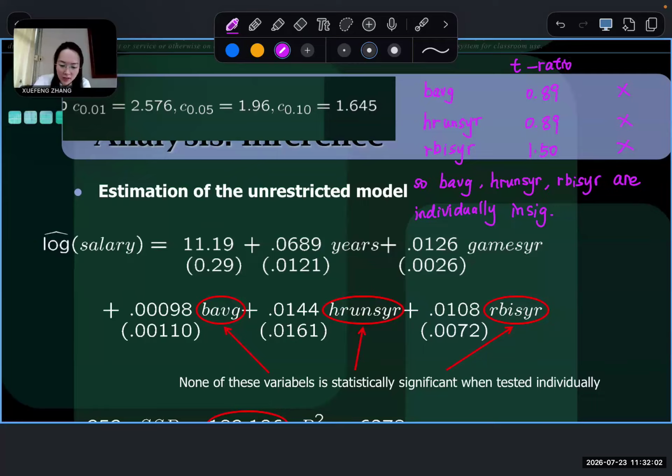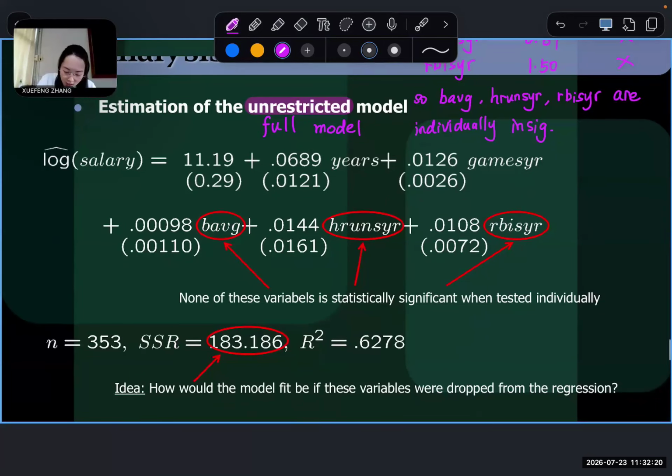Here I need to remind you, here is the unrestricted model, which means the full model. We didn't put any restriction. And the SSR, please label it unrestricted, which is 183 something.